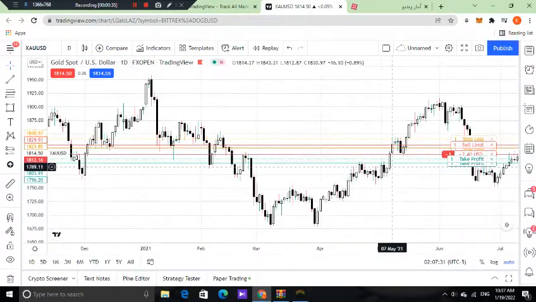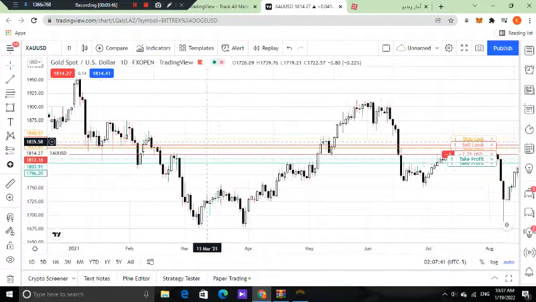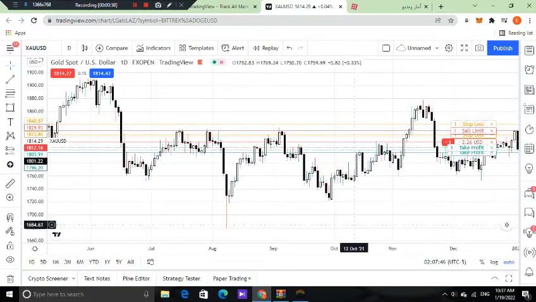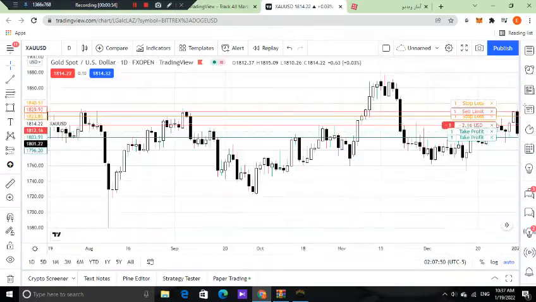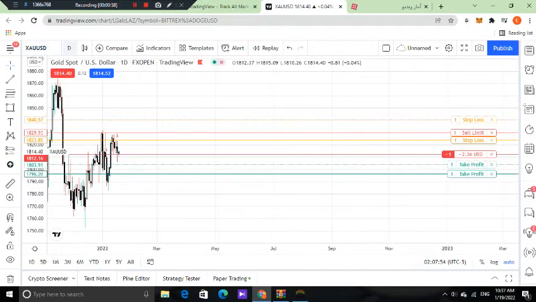But a final flag, as you can find out from its name, is the final flag. It's the last flag we can see in a trend, and after that we'll see a trading range or trend reversal, things like that.